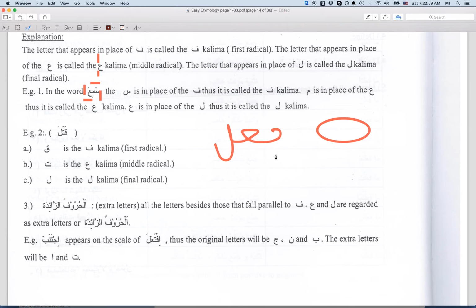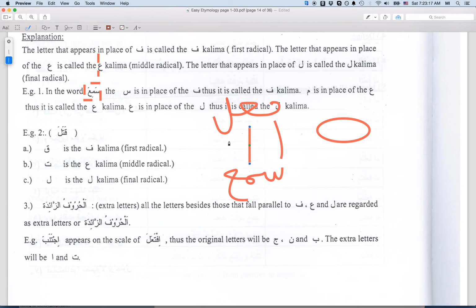It's not letting me put a dot, but it's okay. Fa'ala, and then if you put seen, mim, and ain, sami'a. So you see that these two are corresponding to each other. That's how they drew it.